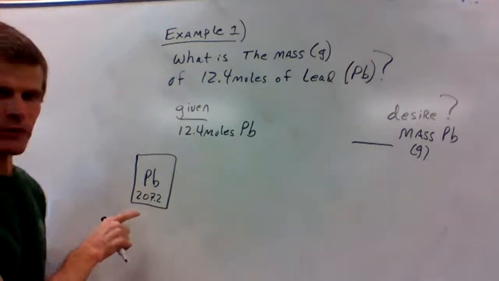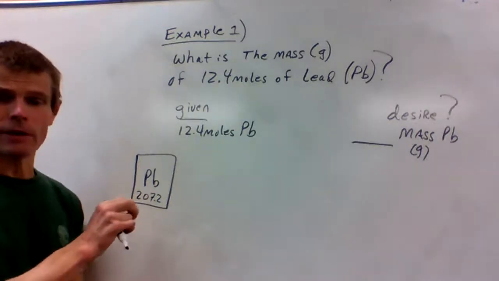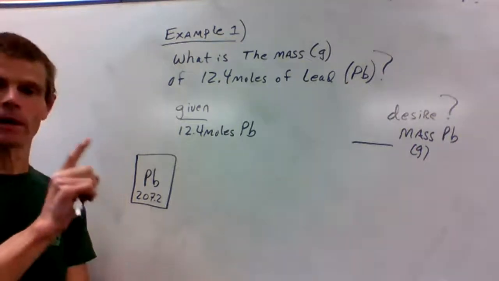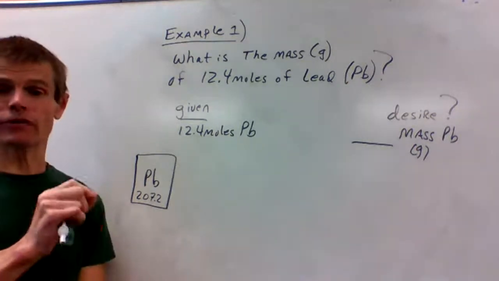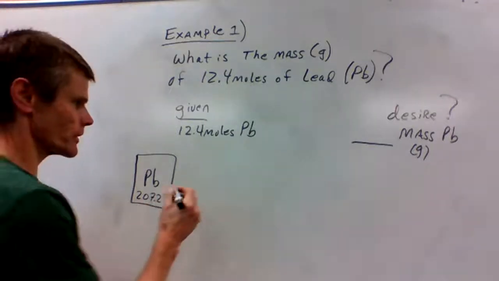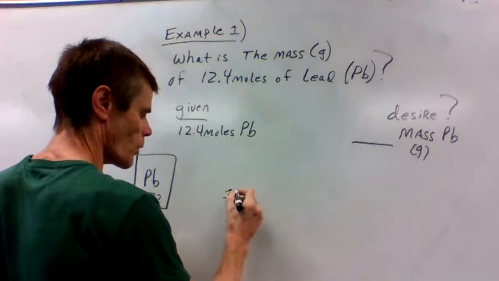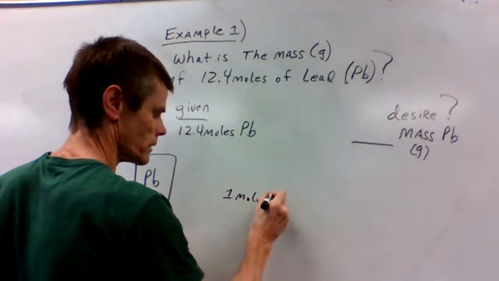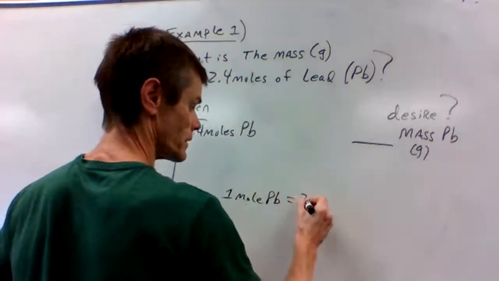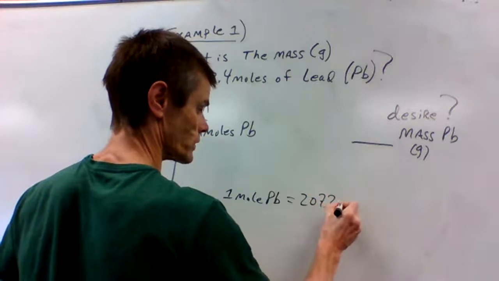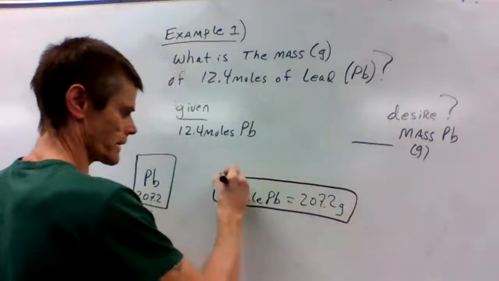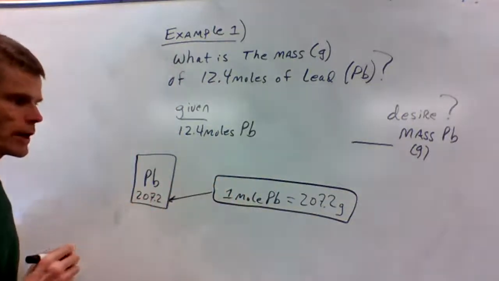And remember, we said that this number, this decimal number, is the average atomic mass. And what that tells us is that 1 atom of lead is 207.2 atomic mass units. But it also tells us that 1 mole of lead has a mass of 207.2 grams.